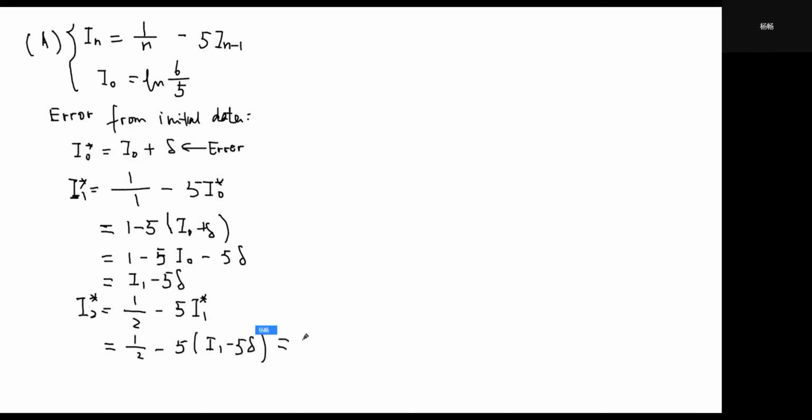If you continue to compute this, you will get 1 half minus 5 times I_1 plus 25 delta. So this is nothing but the exact value of I_2 plus 25 delta. Now you find the difference between the approximation of I_2 and I_2 is 25 delta. So let's continue this procedure.